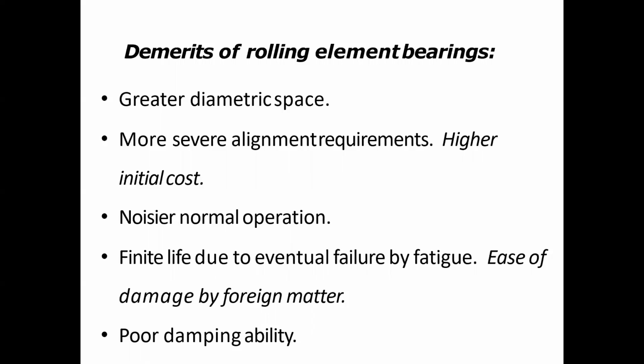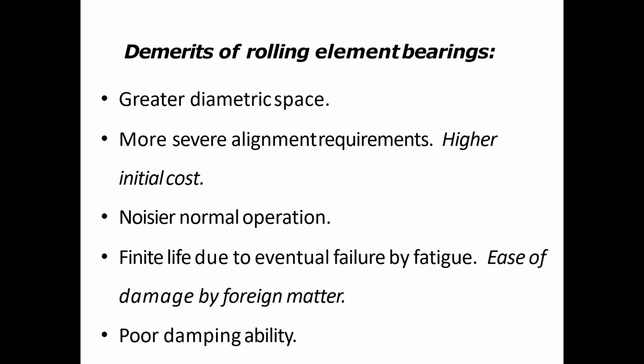Ease of damage by foreign matter. If any dust and dirt particle comes between the rolling element and the race, what will happen? Wear of the race or the ball will take place, and there may be chances of failure of the bearing. They have poor damping ability.